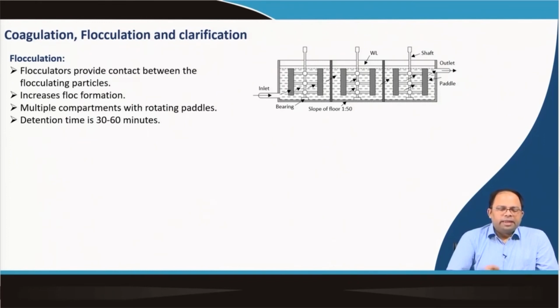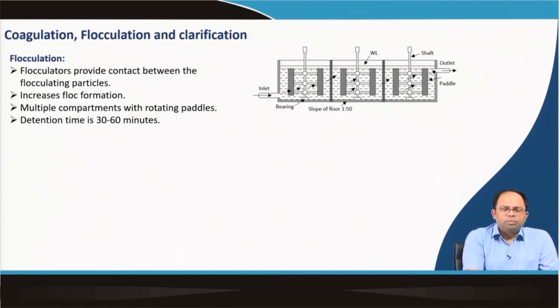Then comes the process of flocculation. The first part is the mixing of the chemical, but flocculation is continuous agitation of the liquid as well as the chemical to form further coagulants. So, it helps in the further process of coagulation.